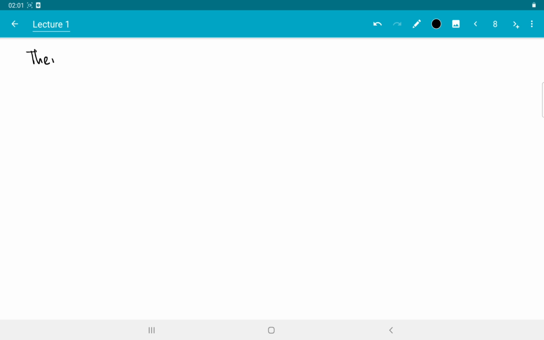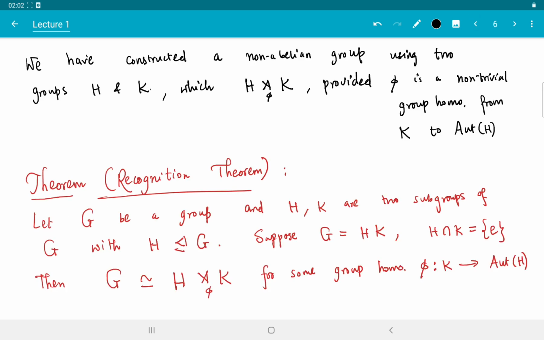Then by the recognition theorem: if H is normal in G, G is equal to HK, and H intersection K is trivial, then we have this.